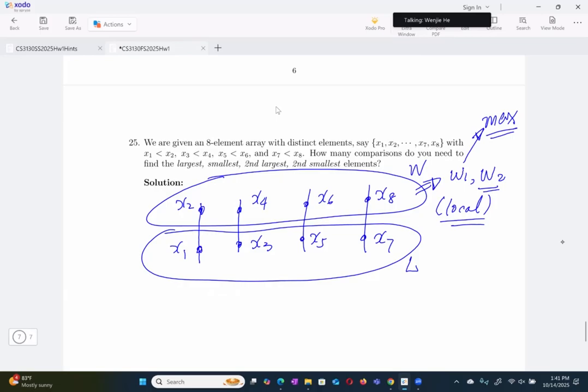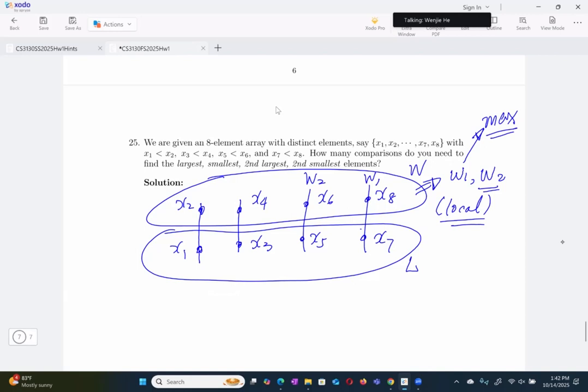Let's say W2 here, W1 here. X2, X4 cannot be greater than W2. X1, X3 cannot, because they are less than their corresponding upper part. X5 cannot.